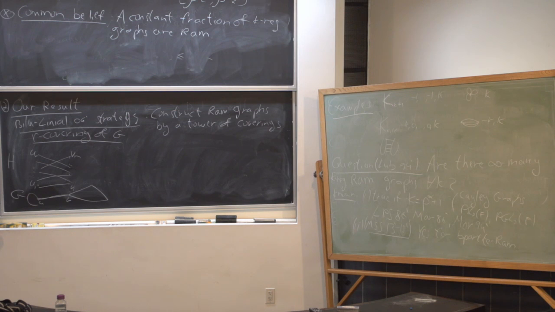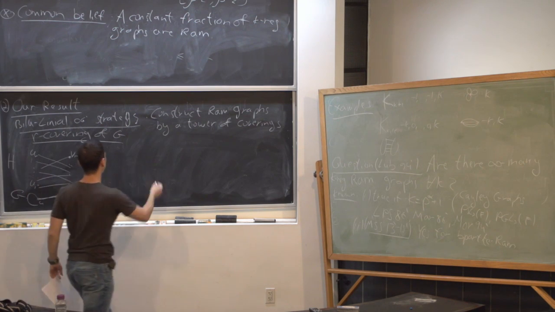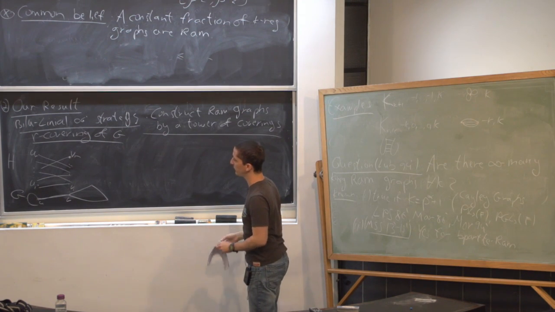The important thing is that locally, at every vertex, it has exactly the same neighbors as the original vertex: if this vertex has a neighbor here, the copy will have exactly one neighbor that sits above this vertex. The good name for this is coverings, because this is a topological concept that applies to any topological space. Some people call it lifts, which is a bad name, because in topology it means something different. So we will call it coverings.